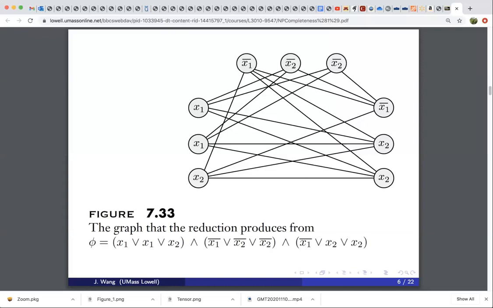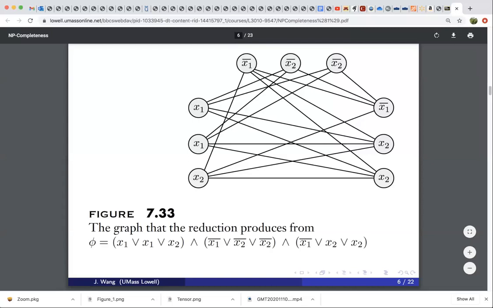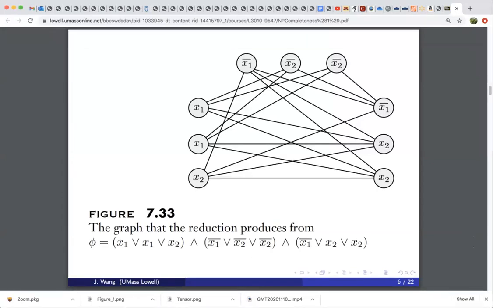Okay, so for those, you know they form a k-clique because, if one variable in this is set true, then of course its negation is false, then this has to be set true. Okay, do we have a satisfiable assignment?